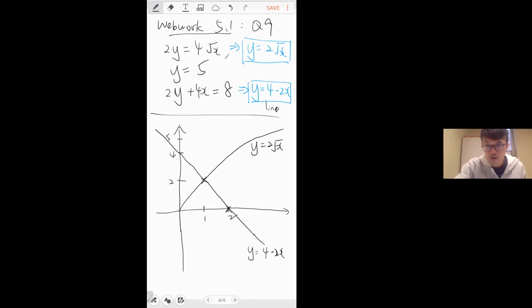Decide whether to integrate with respect to x or y, then find the area. Let me look at the question again. So y equals 5, 2y plus 4, x equals 8. This is my graph.